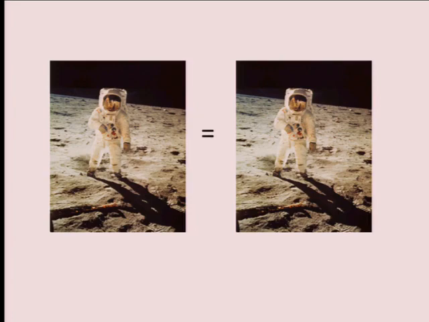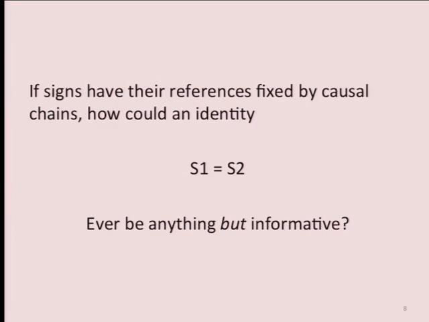So if signs have their references fixed by causal chains, then it seems like an identity where you've got one sign here and the other sign here, an identity sign in the middle, how could that ever be uninformative?